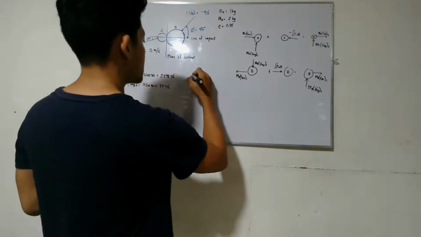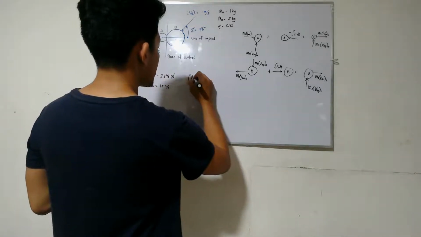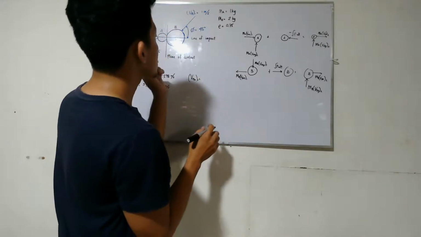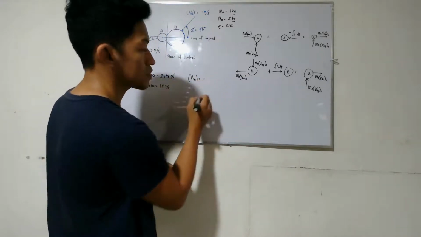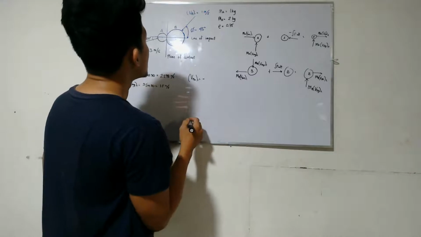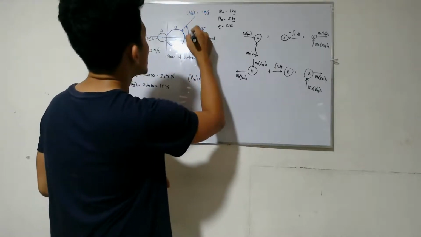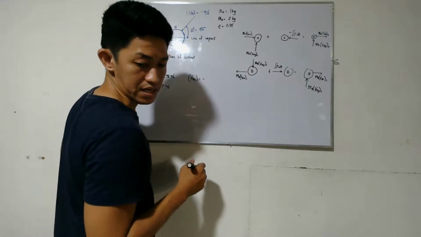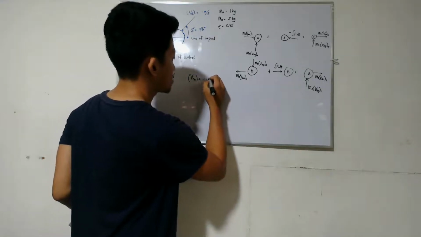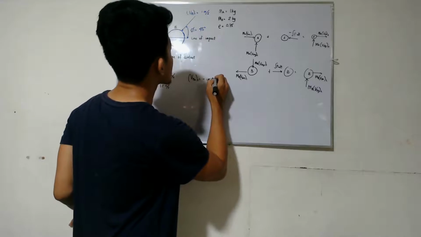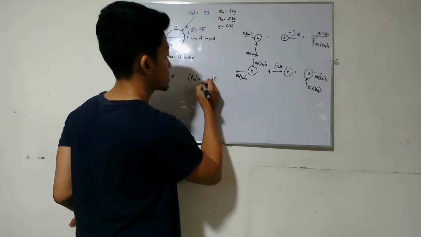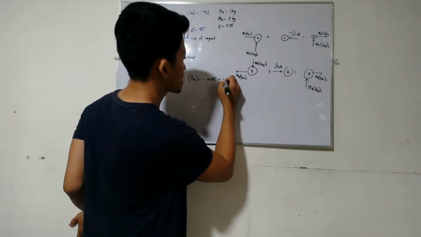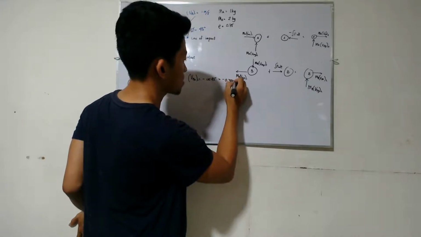Okay, so you have velocity BX1 going to the left, so negative cosine 45 degrees, which is negative 0.7071.